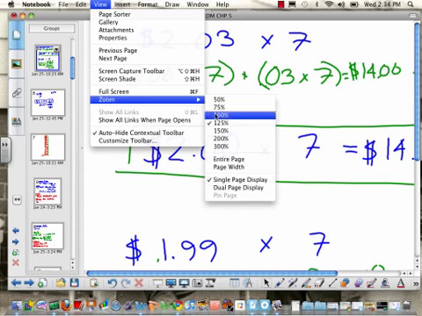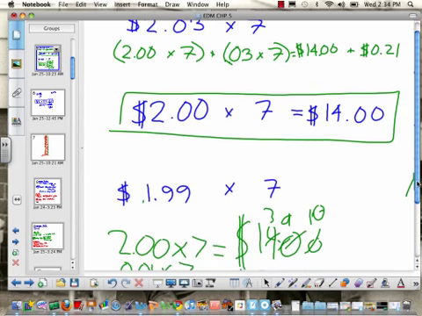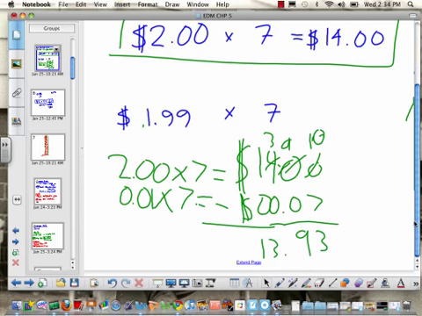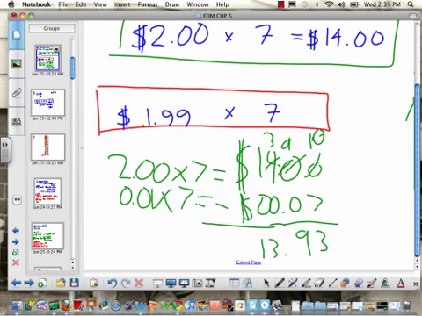Okay. And a little bit later, you saw this student was asked to do a situation. Again, this is a very typical consumer situation where using the distributive property, they could say, hey, that's $2 and then minus the 1 cent. So it's a slightly different variation of this distribution problem.